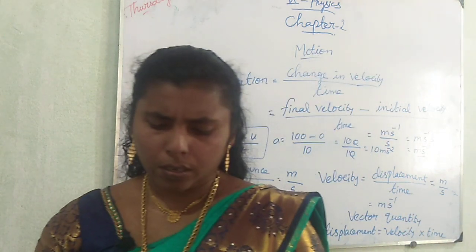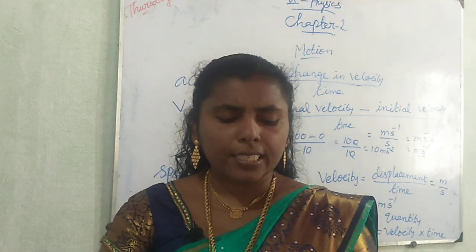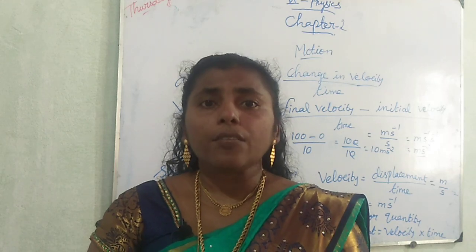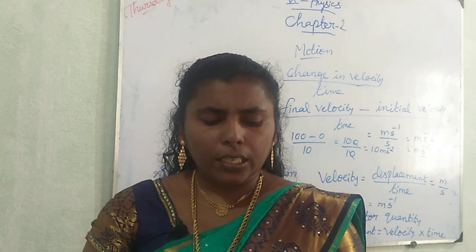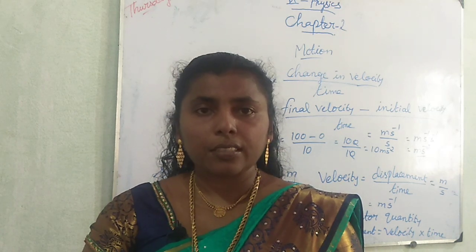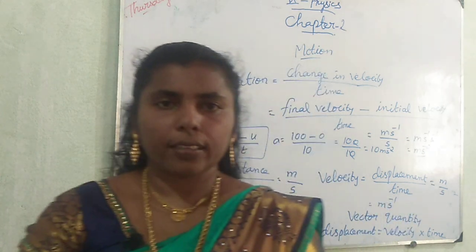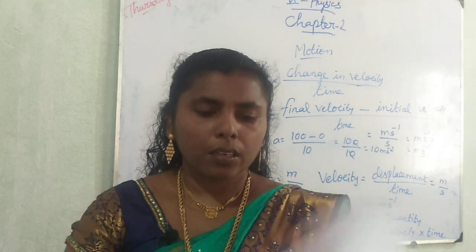Then page number 16, the velocity heading is there, below that. Velocity is the rate of change of displacement. The definition for velocity is the rate of change of displacement. Just mark it. Then the unit of velocity is meter second power minus 1. It is a vector quantity. Then you have to write the formula: velocity equal to displacement divided by time.